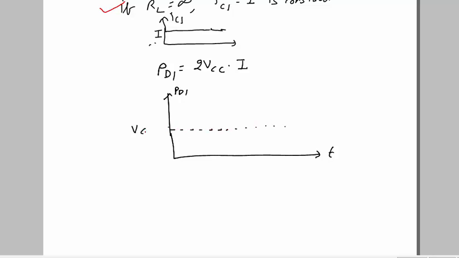This value is VCC into I, and for every point first it will go to 0, then VCC into I, then when V0 is minus VCC, that time it will go to 2 VCC into I, then it will go like this. But the average value will always be VCC into I. That's why I'm saying that this condition will not persist for a prolonged interval. The average power dissipation will be VCC into I.